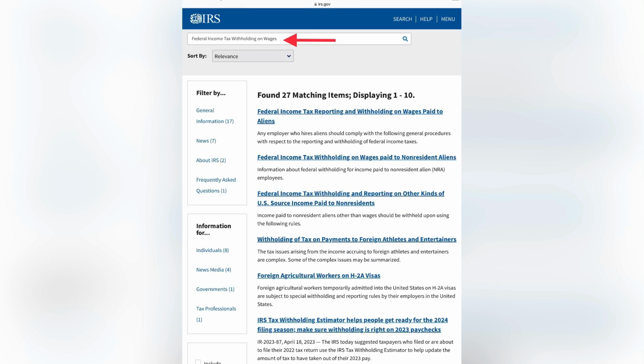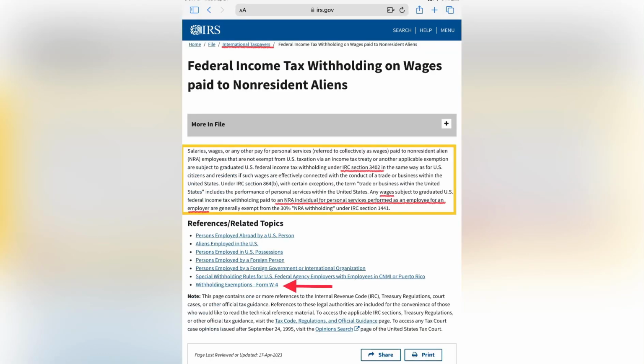Now, I went to the IRS website and did a search on the search bar. I typed in federal income tax withholding on wages. And as you can see, this is the result of the page. So I figured, let me click on the one that says federal income tax withholding on wages paid to non-resident aliens. And it brought me to this page.